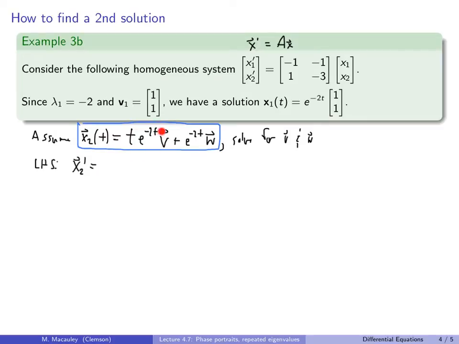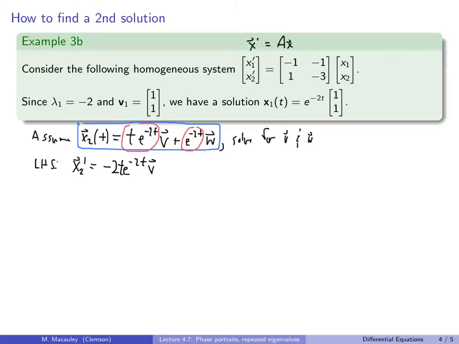So we do this using the product rule. In other words, we've got to take the derivative of that and the derivative of that. So the derivative of the first thing is negative 2e to the minus 2t times t, let me stick the t right in there, times v.